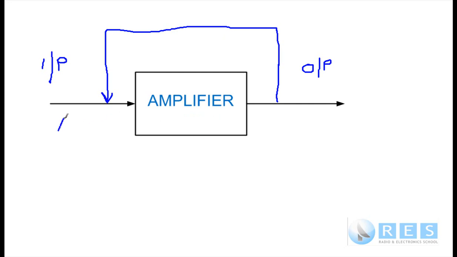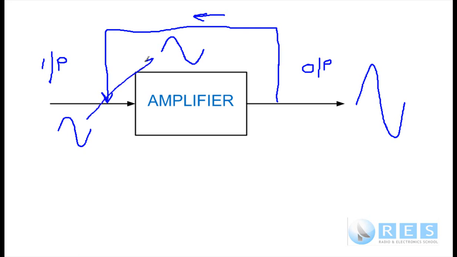So if this is the signal going in, and this is the signal coming out, and it's just larger, it's been amplified, and if the signal that's being fed back from the output to the input, either deliberately or unintentionally, is in phase with the input signal, can you see that these two signals are in phase with one another?